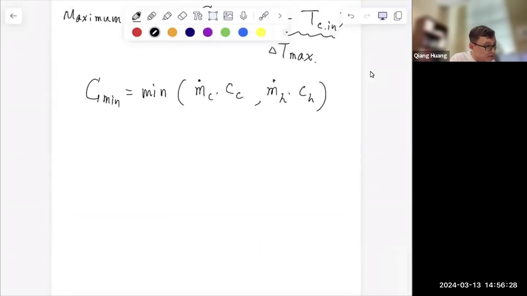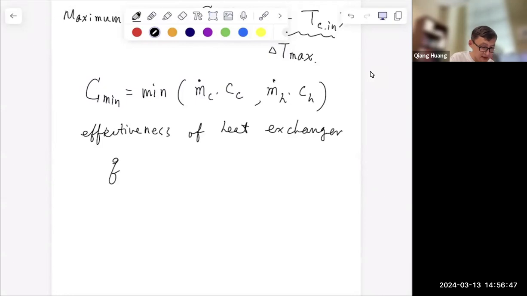And then the effectiveness of a heat exchanger is defined as the ratio between the true heat transfer rate and the maximum heat transfer rate.